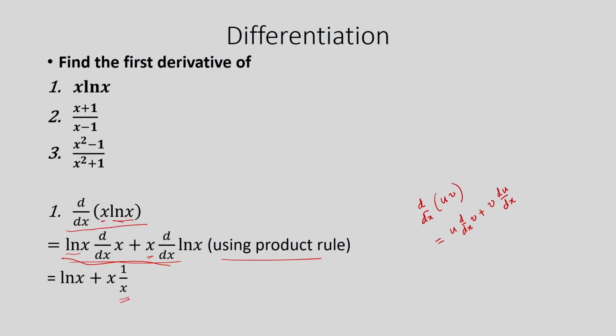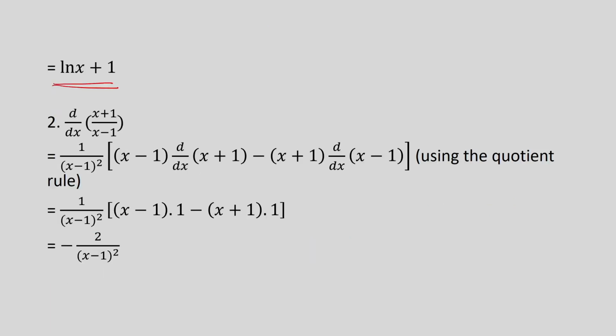The second question was x plus 1 divided by x minus 1. We have to take the first derivative of this function, so d dx of x plus 1 divided by x minus 1. The rule that we are using here is the quotient rule. Again, to recall, you have two functions u and v, both functions of x, and you want to take the derivative of u divided by v.